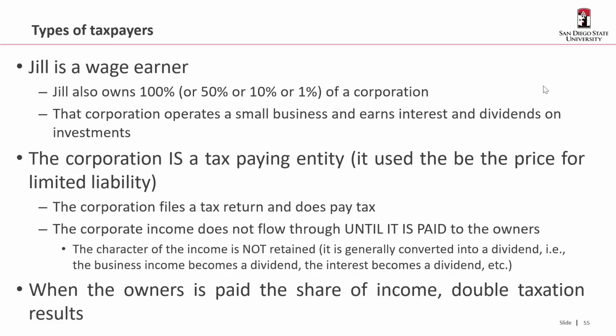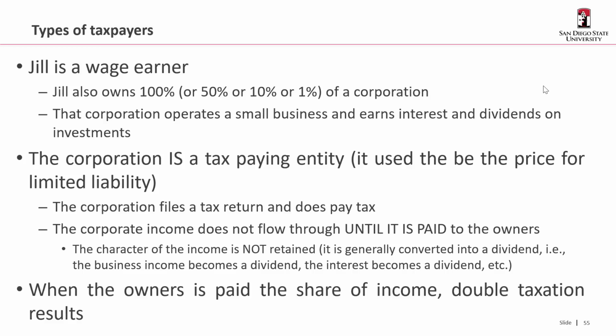And this used to be the price for having limited liability. A corporation does file a tax return, and it also does pay tax. Unlike the partnership, corporate income does not flow through to its owners until it is paid. The character of the income is not retained. So if the corporation earns a dividend, it's actually paid out as a dividend.